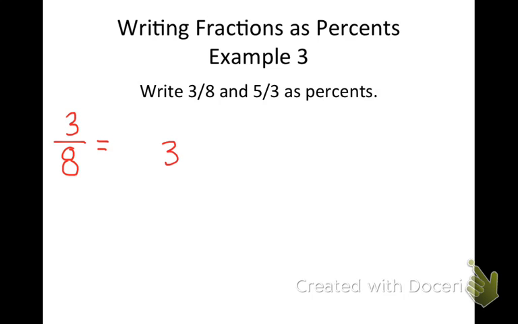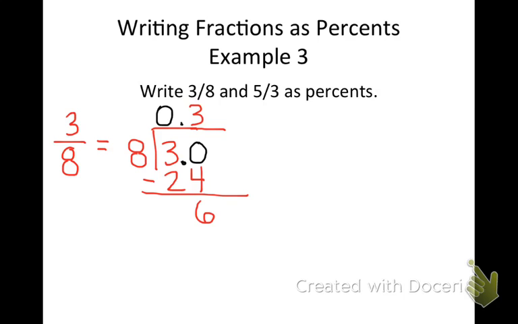We'll need to divide 3 by 8. To do this, we need to add a decimal and a 0. 8 can go into 30 3 times. That's 24.